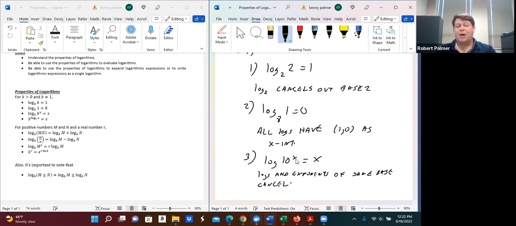These cancel each other out, and we're just left with x. And actually, number 1 is kind of a result of number 3, in the sense that if the b is being raised to the first power, which it is, then the exponent is just 1.